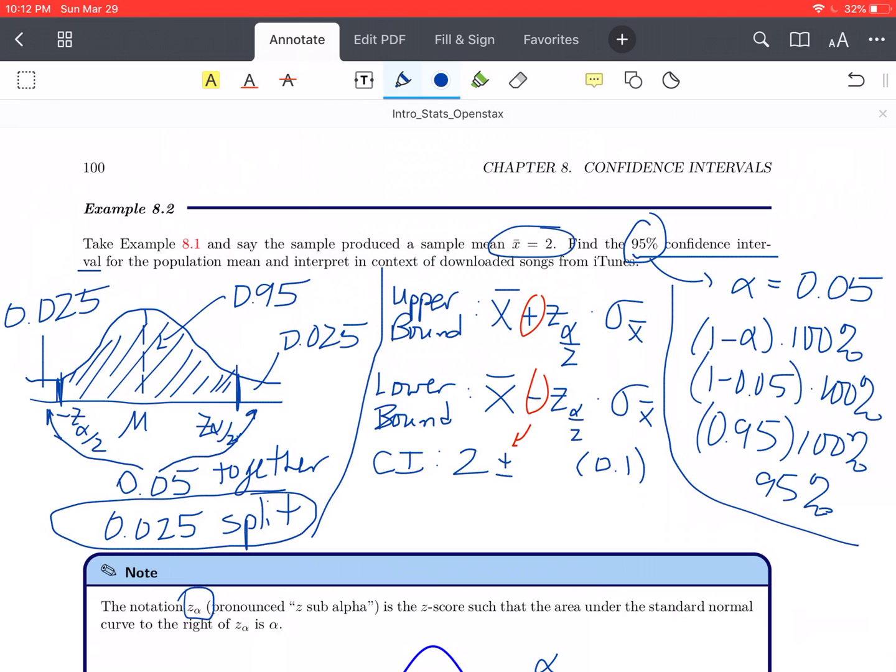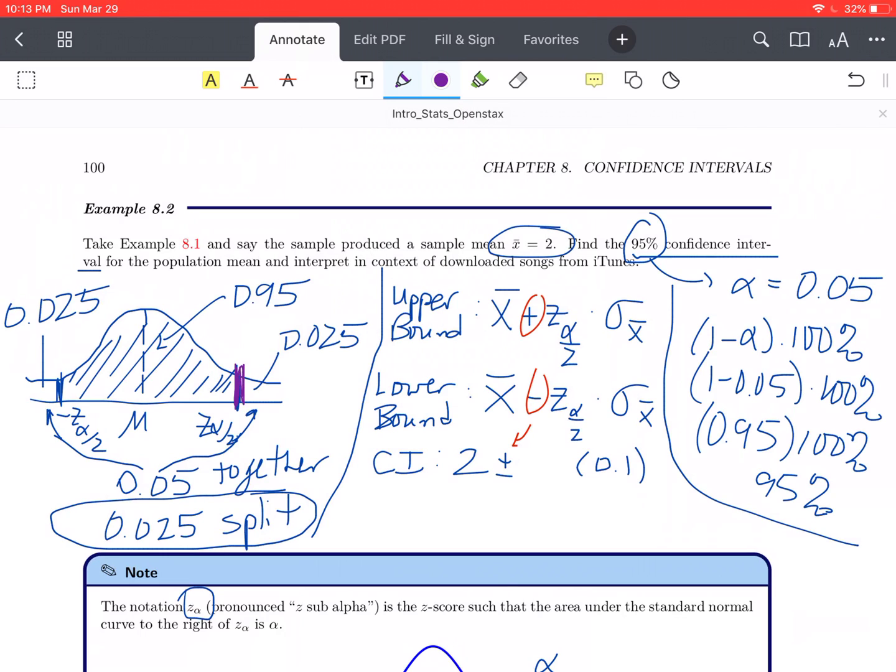Now, for z sub alpha over 2, what we need to figure out is this value right here. We're going to do it using Desmos. In order to figure out what this is, we need to take the inverse CDF of our normal curve.